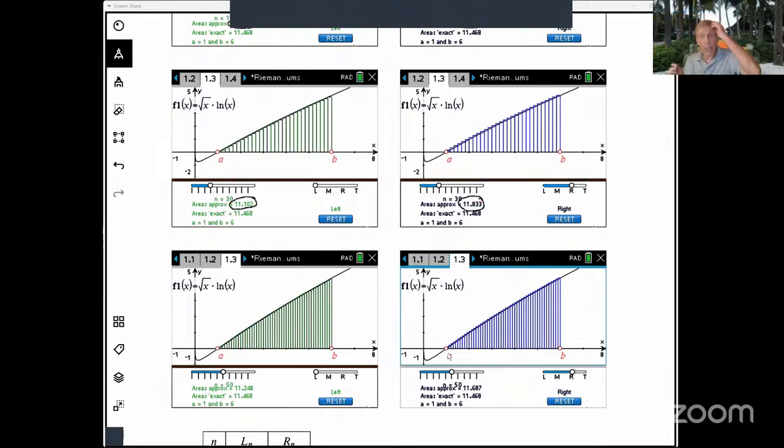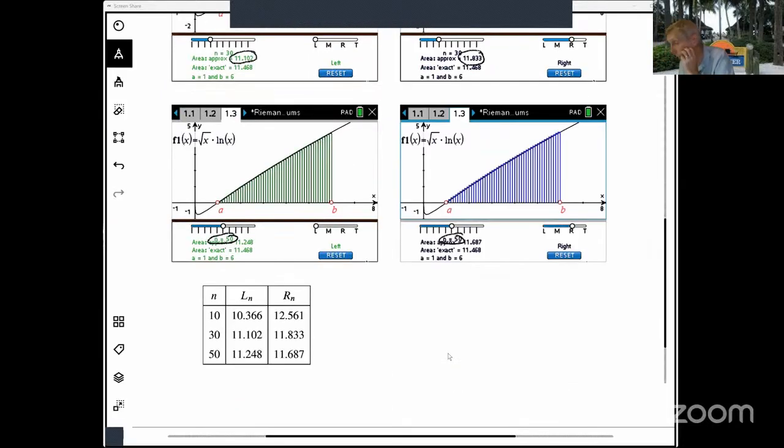I'm feeling pretty good about this. It does feel like these two values are zeroing in on some number. And then I finally changed n equal to 50 down here, and I got my left and right Riemann sum. What I tried to do is to summarize all of that in a table down below.